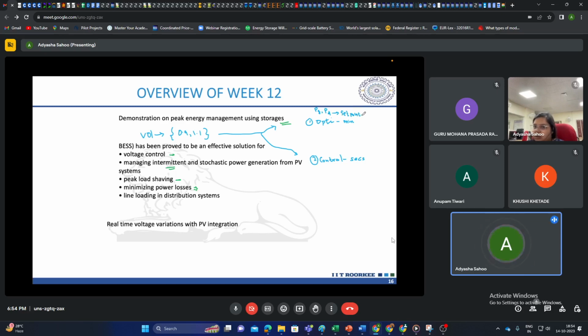The set points of various voltage control devices such as your capacitor banks, the OLTC, and also the dynamic, or there may be a synchronous condenser. You may get Q support from the BESS or from your renewables. So these devices will get their optimal set points by running this optimization algorithm in minutes basically.